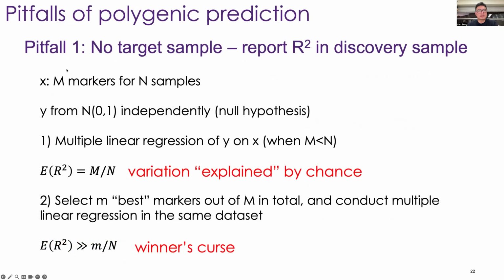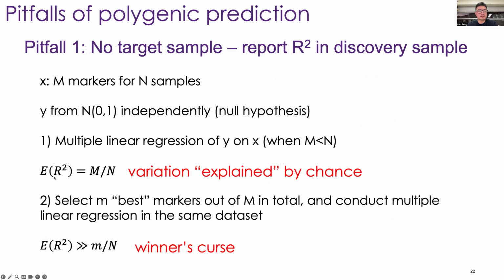So one obvious pitfall or mistake is that you report the prediction R square in the discovery sample itself. It's also called the in-sample prediction. And from some simple derivation, you can see that even under the null model, where there is no association between the genotype and the phenotypes, using the same data to train the prediction equations would lead to a chance variation.